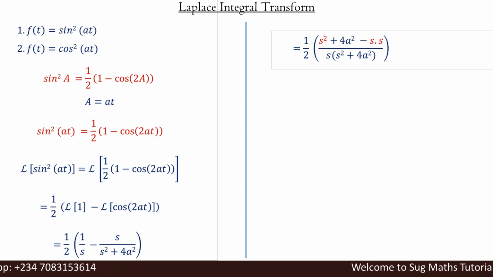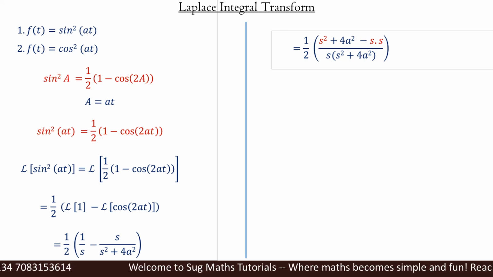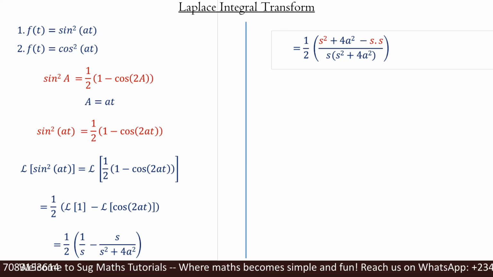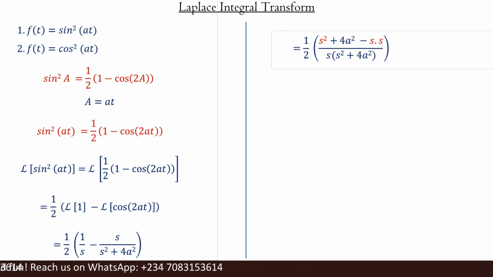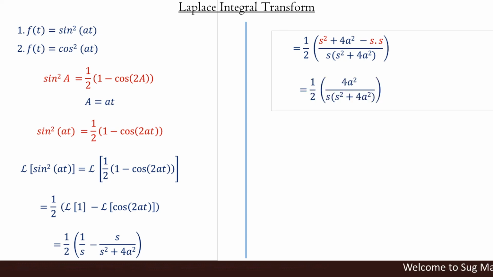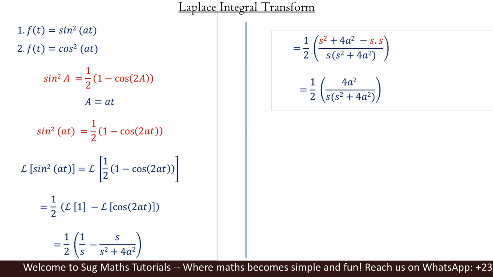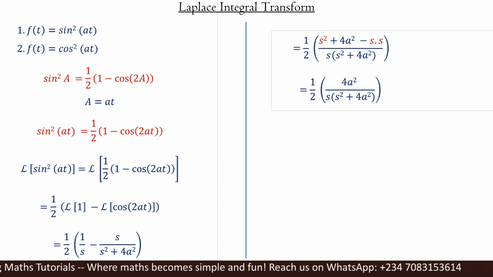Now, when we add it together, I think you can do this, right? The numerator: we have s squared plus 4a squared minus s squared. S squared minus s squared goes, so we have 4a squared in the numerator. So here we have 1 all over 2 open bracket 4a squared all over s open bracket s squared plus 4a squared.